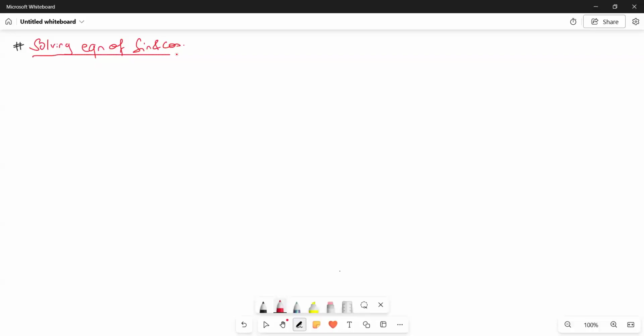One of the common questions that we have in trigonometry is where we will be given two equations of this form: sin x plus sin y is equal to a, and cos x plus cos y is equal to b.